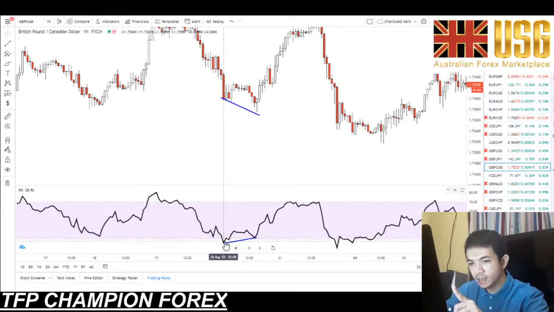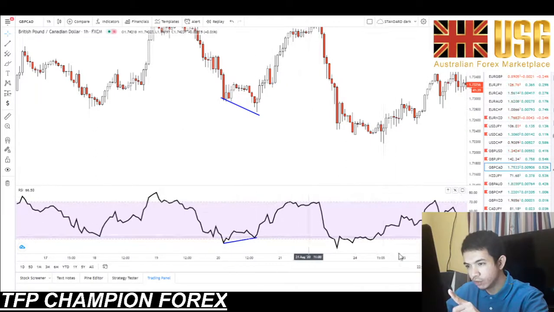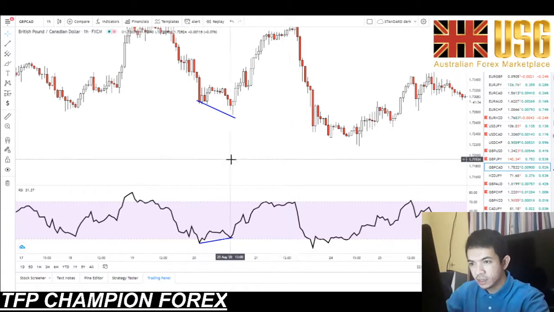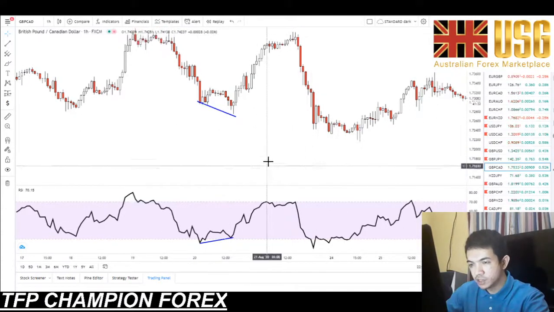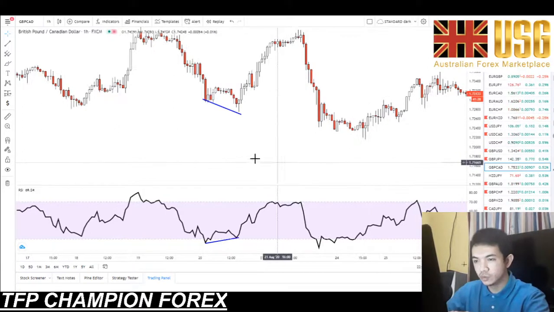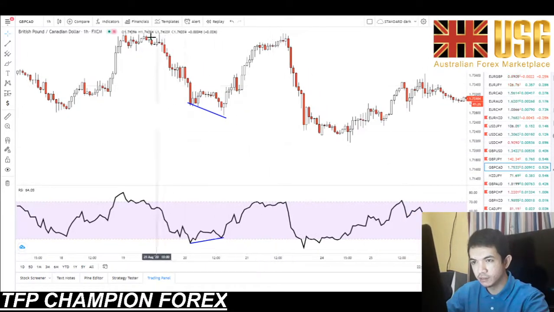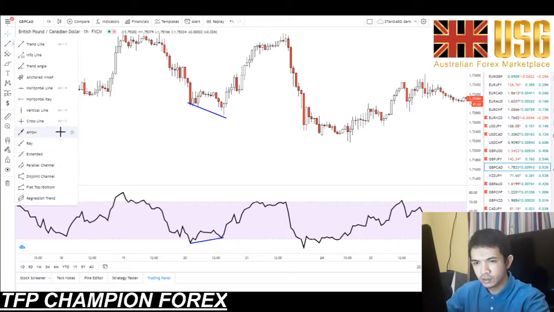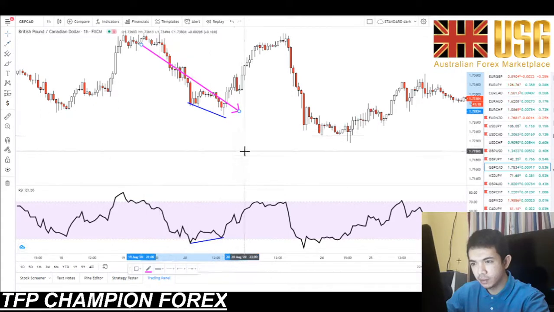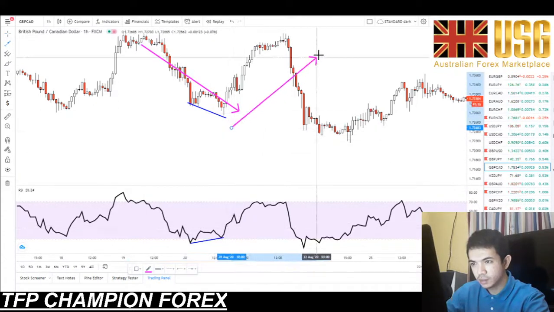the RSI is already at 30% or below of the overall RSI setting of 14 days, we can say that the market's momentum is already shifting to the upside, from the downside. You can see here, going down, and then we expect the market now to go up.